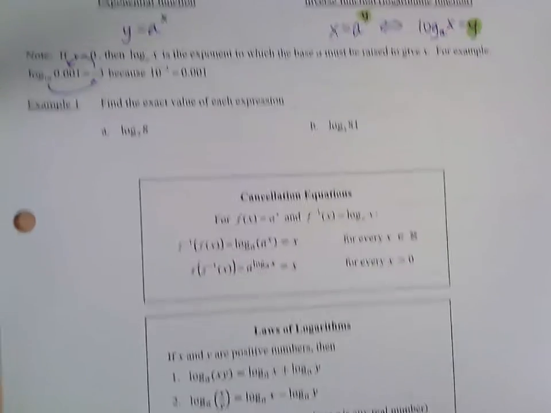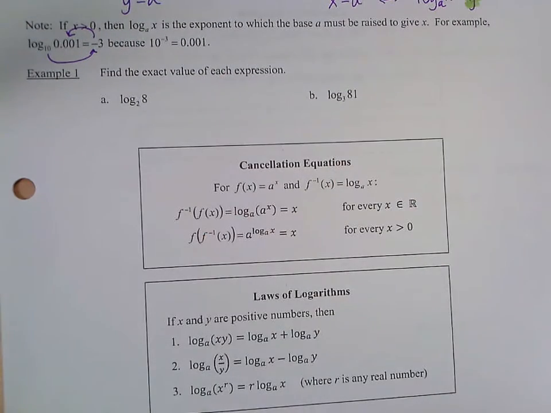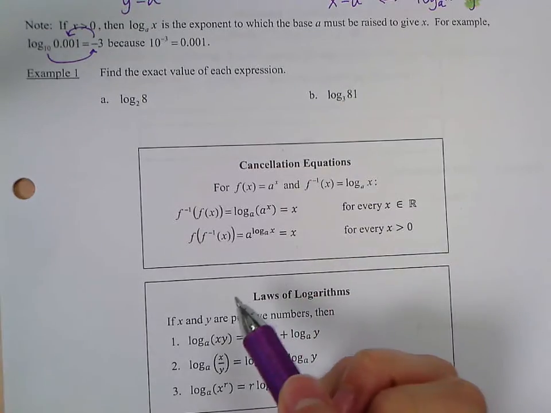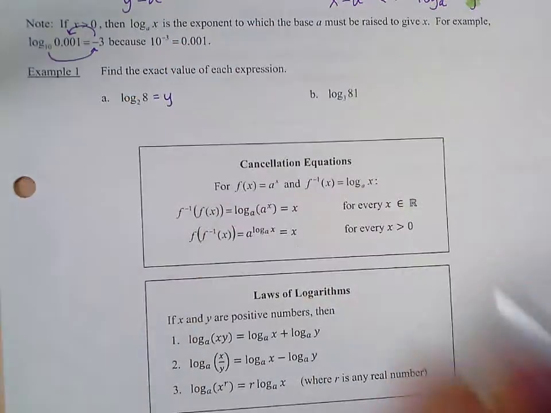I have on here some practice. I wouldn't say this comes up a lot on AP tests where you aren't allowed a calculator and they ask you to find a value of a logarithm, but knowing this can be helpful as we work with logarithms. So log base 2 of 8. To figure this out, I could say this equals y.